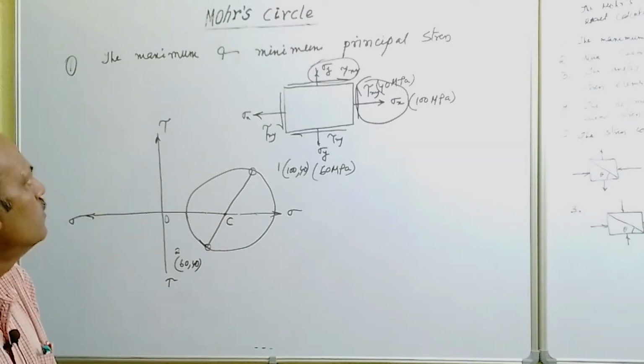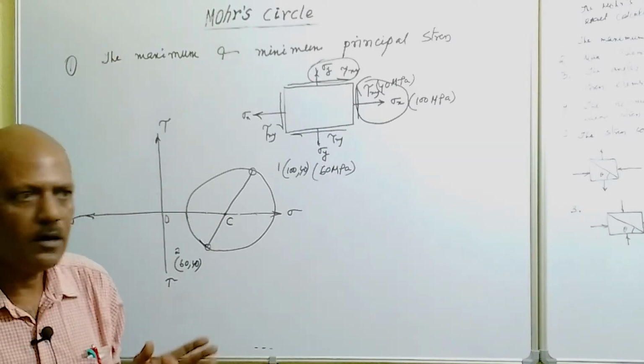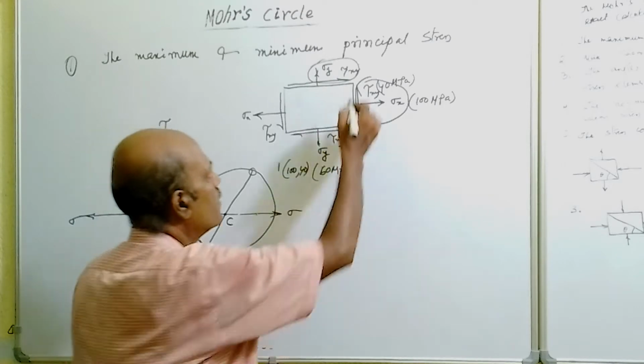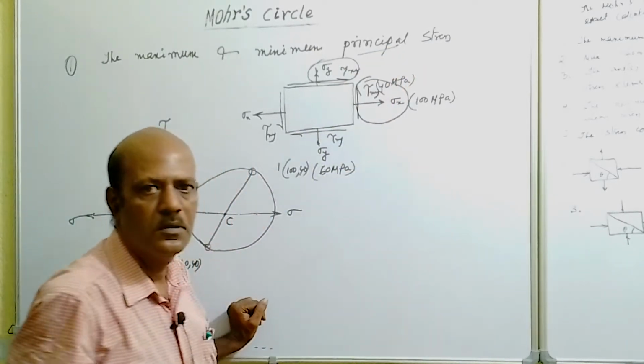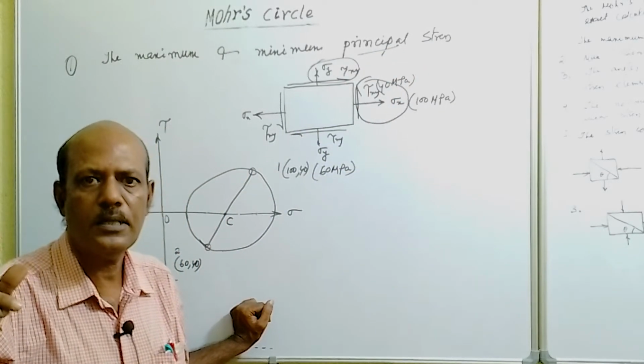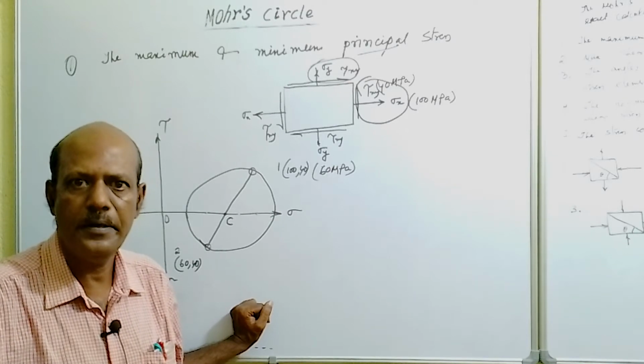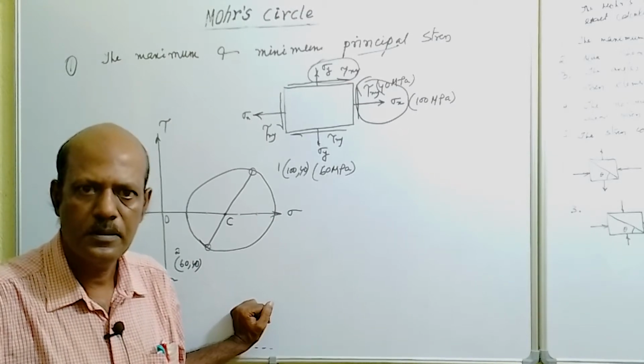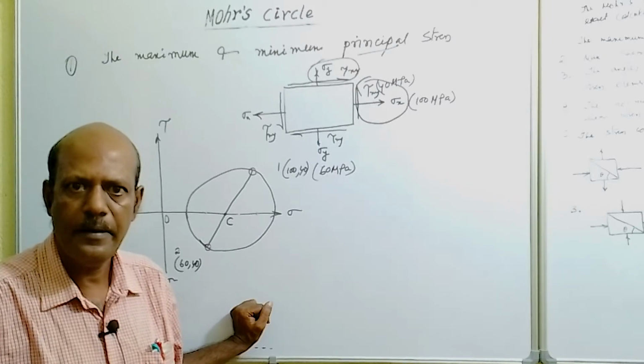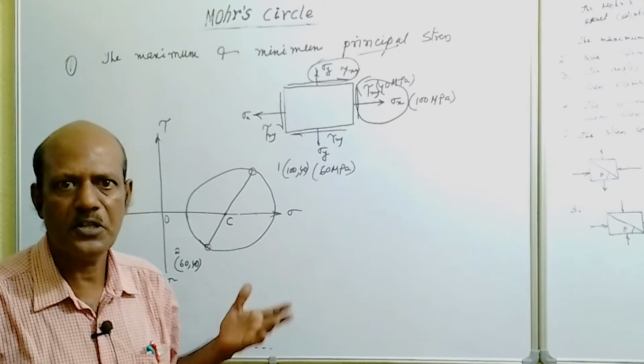Now, as per our definition of principal stress: the normal stress which acts on the principal plane is called principal stress. And what is the principal plane? The plane on which shear stress is 0.